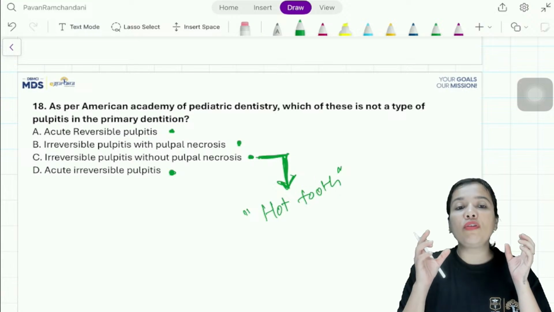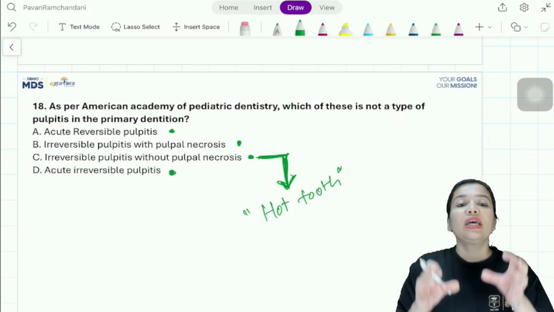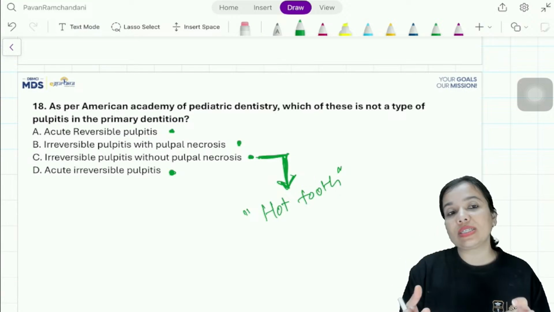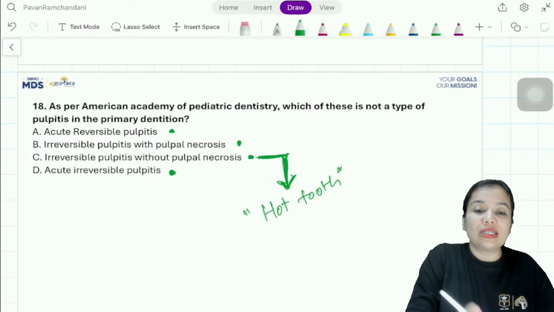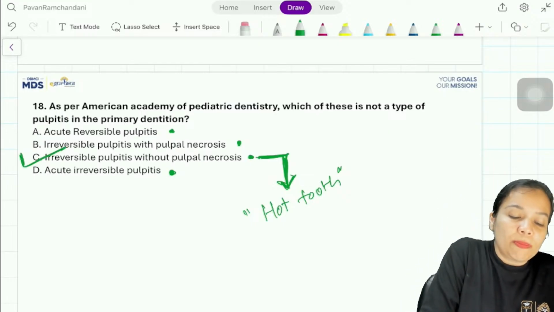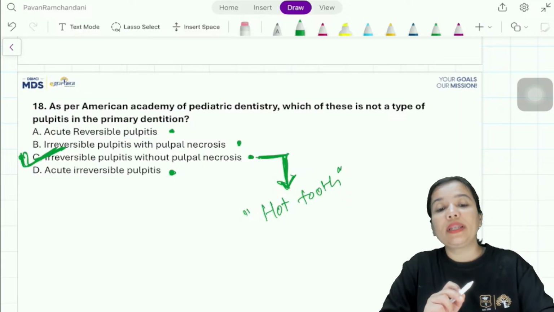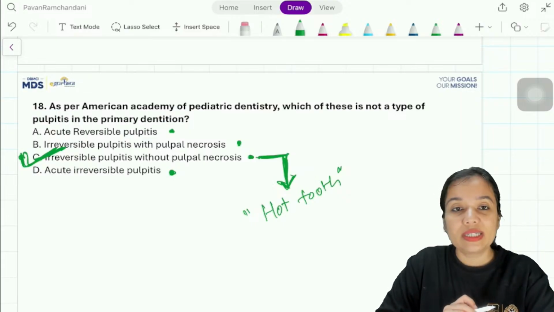A child will always report to you with pulpal necrosis that has already occurred. So the answer here is C, irreversible pulpitis without pulpal necrosis. The answer is C.